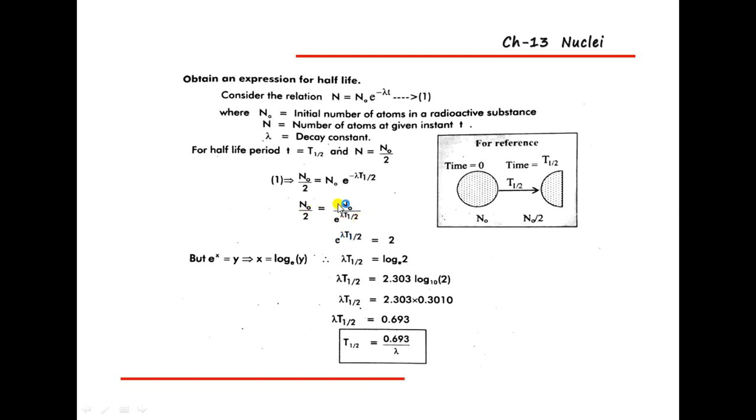By solving this equation, you will get e raised to lambda t half is equal to 2. But according to the logarithm theorem, if e raised to x is equal to y, then x is equal to log y to the base e.